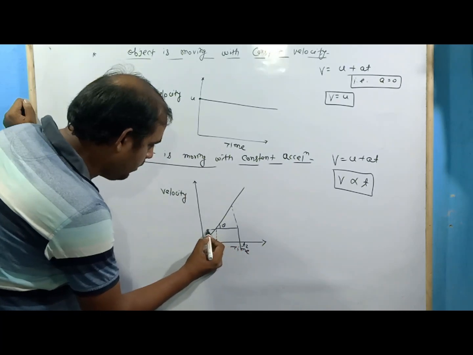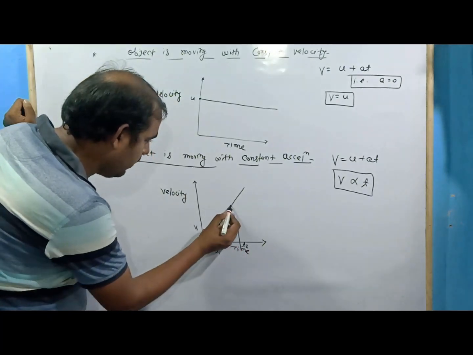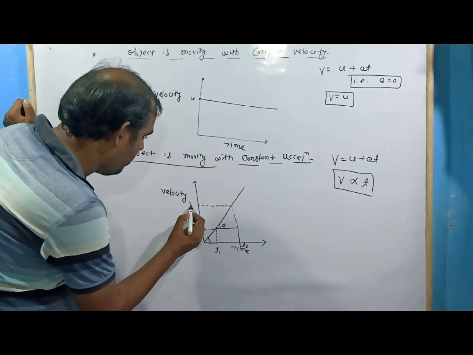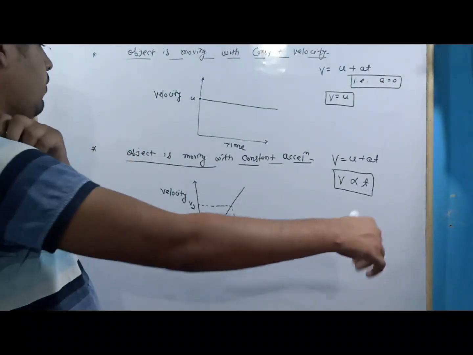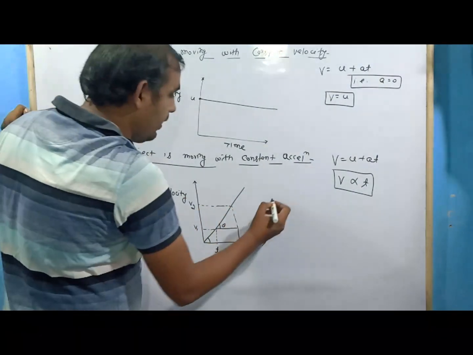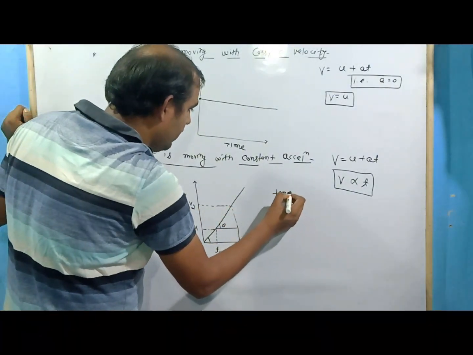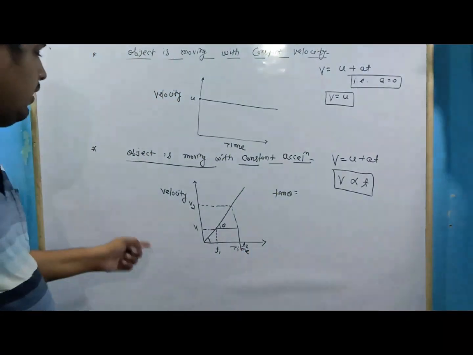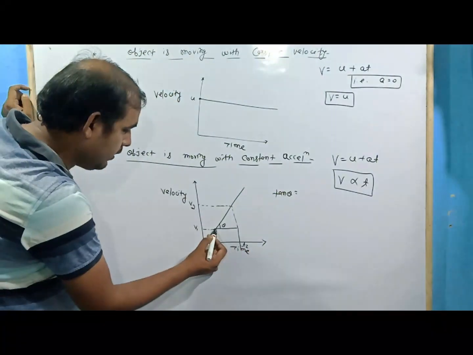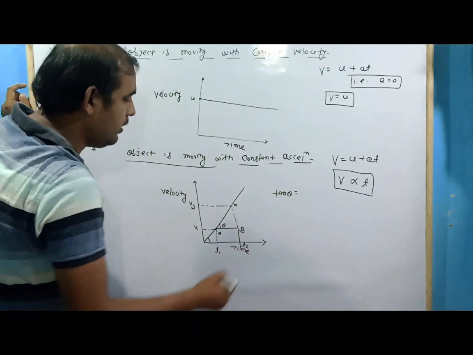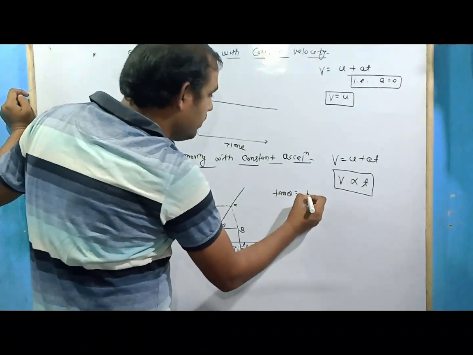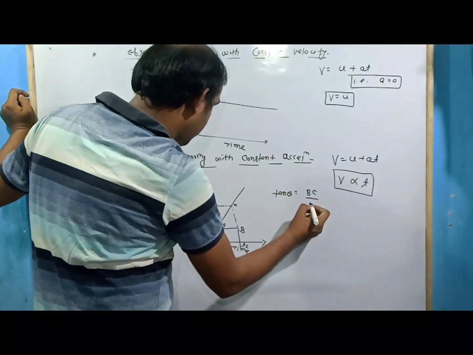That should be the velocity v1. And that should be velocity v2. Okay, so from that logic I can write tan theta should be equal to, and if I take these points to be A, B and C, so tan theta can be written as perpendicular, that is BC, by base, that is AB.